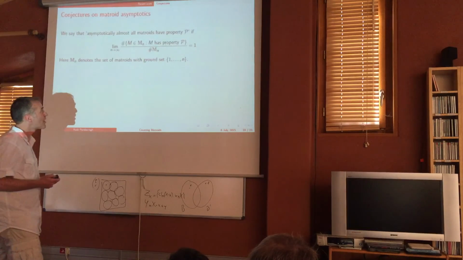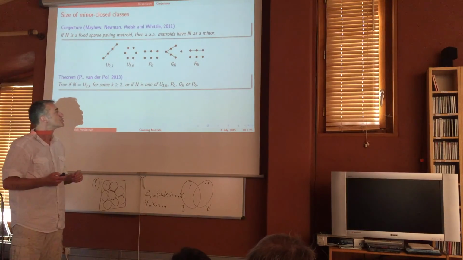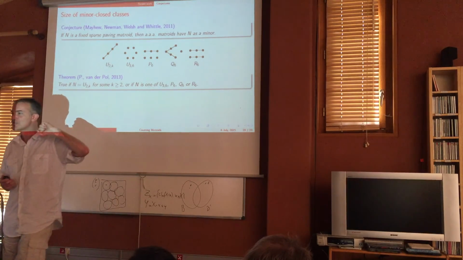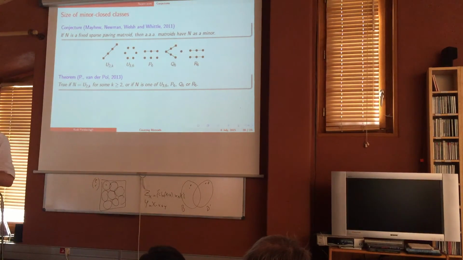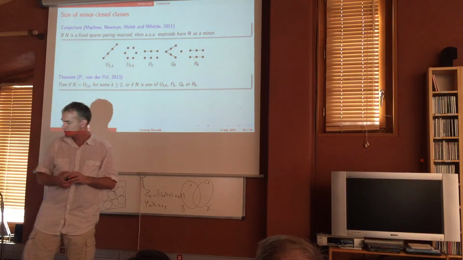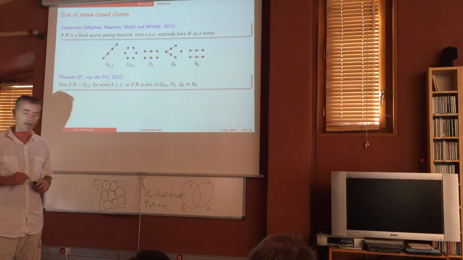And in fact, the same argument applies to U36, P6, Q6, and R6, but you just need a lemma saying in rank 3 there's going to be just so many matroids without U36, say. Actually, the lemma for U36 is quite nice.